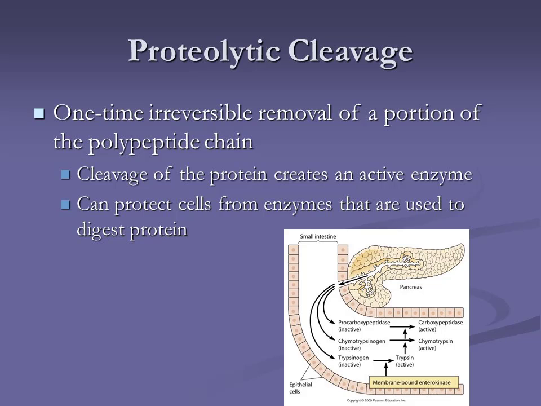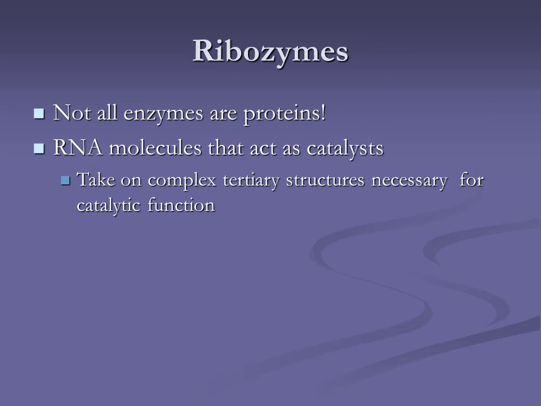We said enzymes are largely proteins, and they are, but just to make you aware, we do have some enzymes we could say are RNA molecules. And we can loosely apply this to ribosomes, because ribosomes are going to be made up of ribosomal RNA.